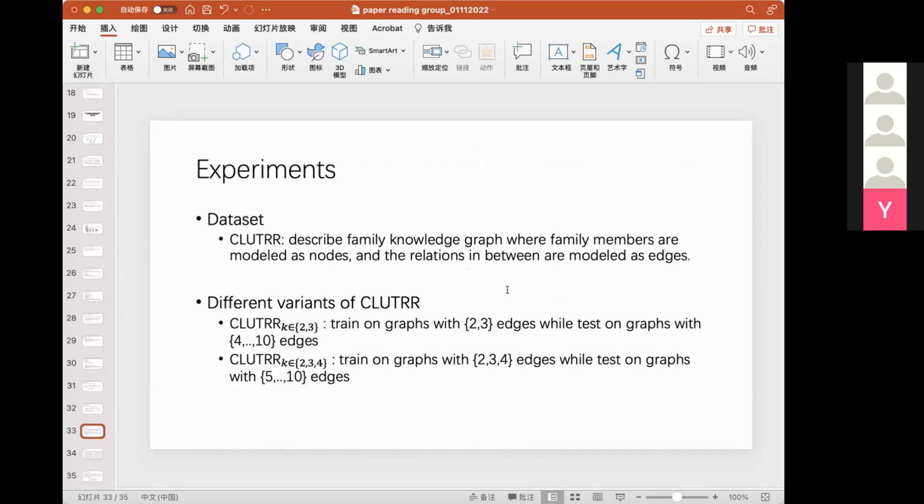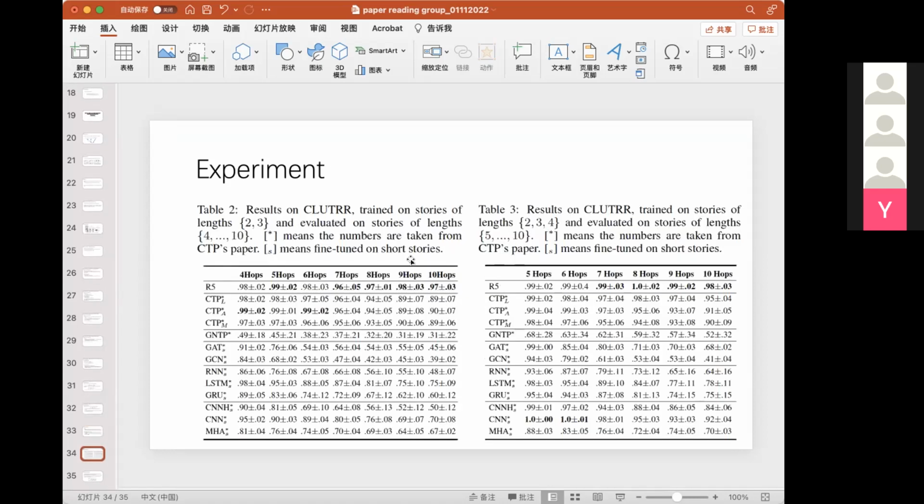The idea here is that it will train on graphs with 2 or 3 hop edges, and then it is asked to predict the entity, which will have 4 to 10 hops. The result is presented here, and we can see that the proposed method R5 outperforms most of the baseline methods in most of the cases, which is good.